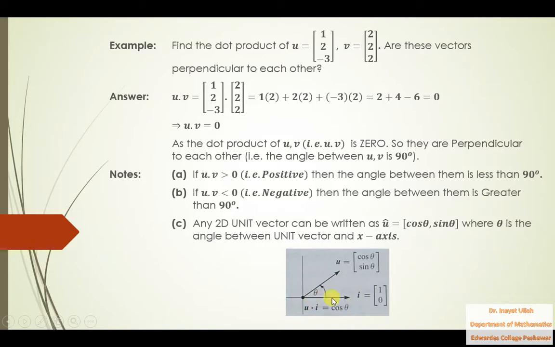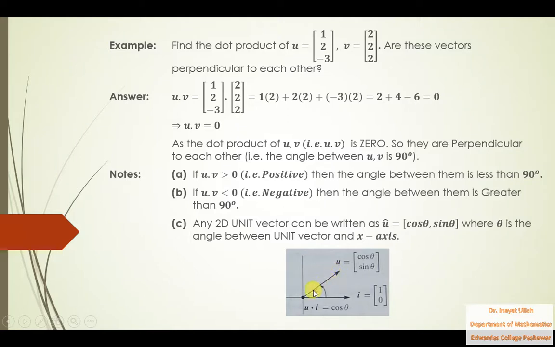We have studied that i is a unit vector in the direction of the x-axis, so i can be written as 1, 0. That is the 2D form of i. If it is the 3D form, that will be 1, 0, 0. So i is the unit vector in the direction of the x-axis, and this is actually a unit vector u, and this unit vector is making angle theta with the x-axis, this theta.